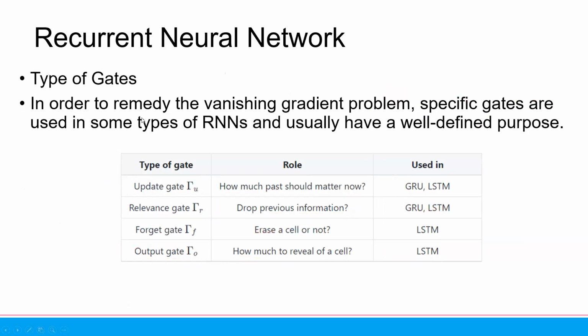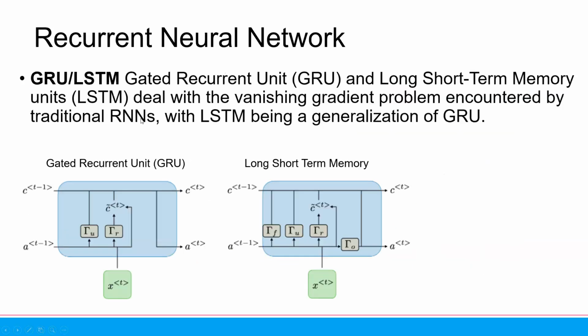If you look at the architecture, we have U, which is update, and R, which is relevance. But in the LSTM, we have F. Some of what we learned before, we can forget.